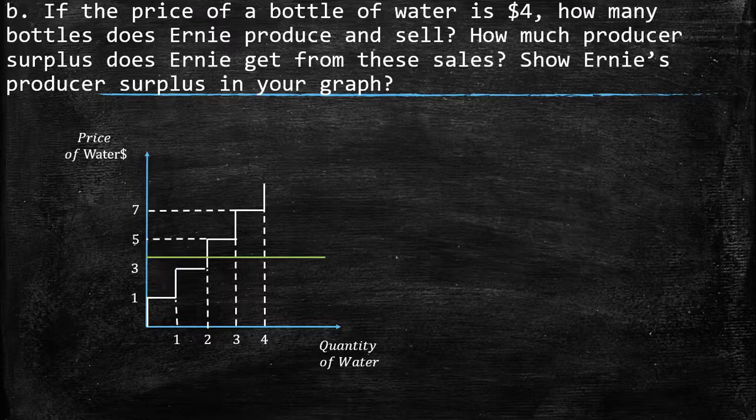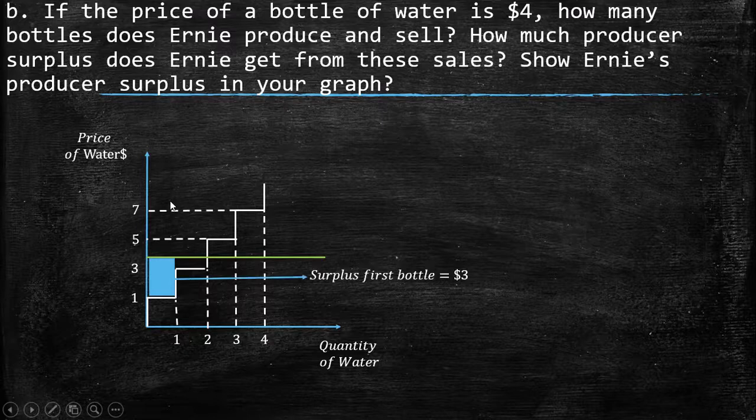So it means that, for example, for the first bottle of water, Ernie will even sell it at the price of $1. But instead of receiving $1 for the first bottle, he will receive $4. So it's going to be a surplus of the first bottle of 3.